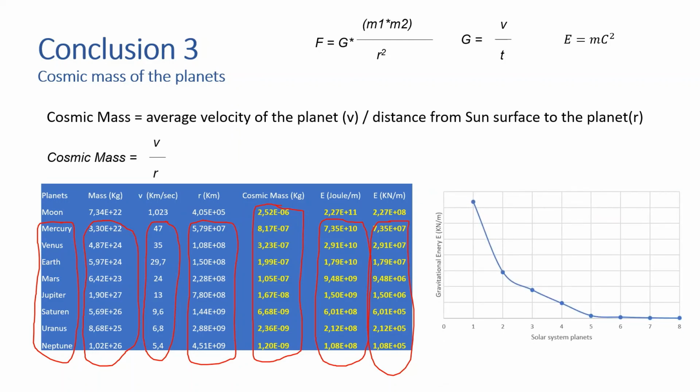The following is also a graph showing that the amount of the gravitational energy used by the sun is descending away from the sun.